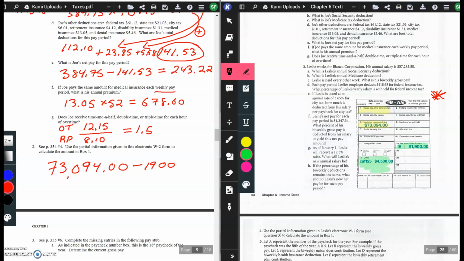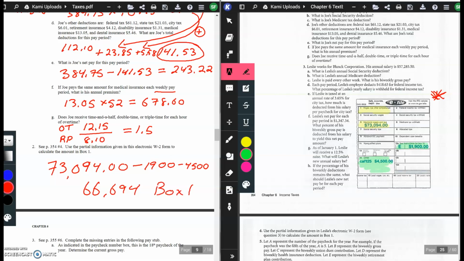So 12 and 14 we deduct from our income because we're not taxed on that money. So you're going to subtract off your $4,500. So $73,094 minus $1,900 minus $4,500 gives you a total taxable income of $66,694. That would go in box 1.